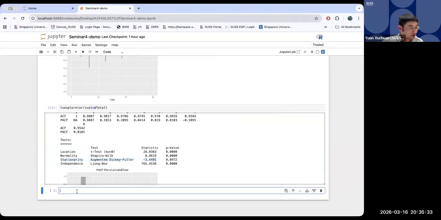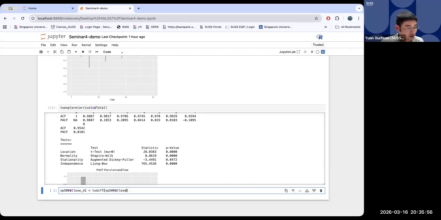Okay, so we create a new column in the SP500 time series, close, first order difference, so tsdiff of SP500 close.